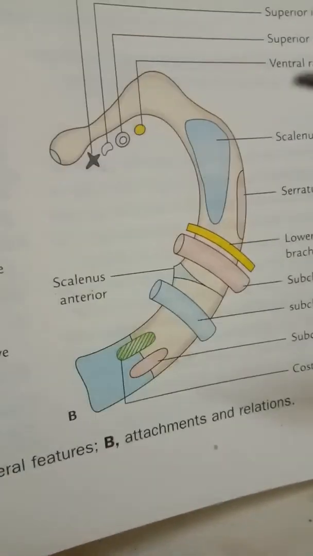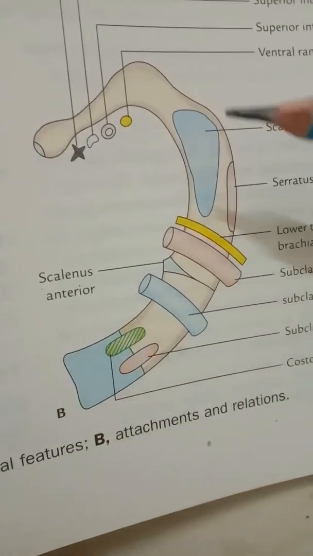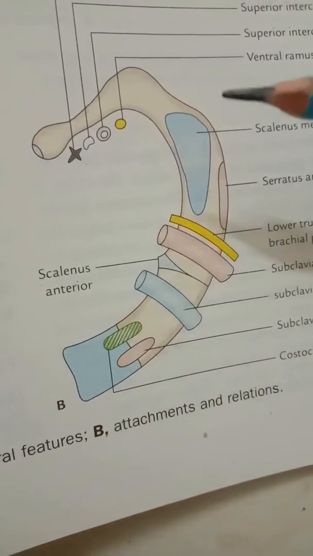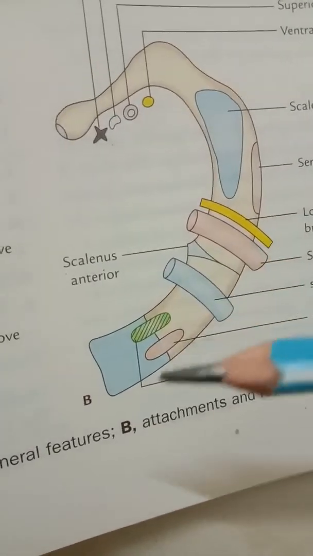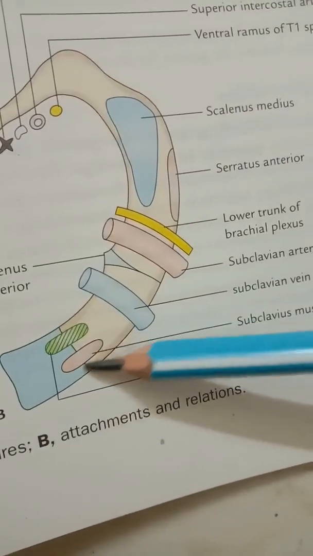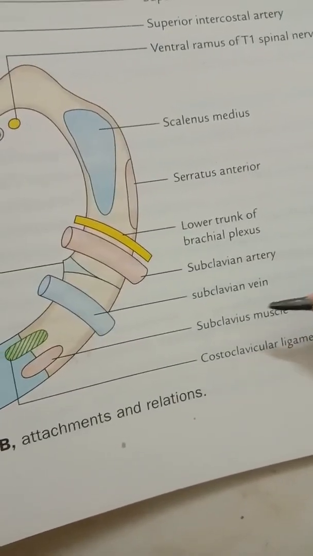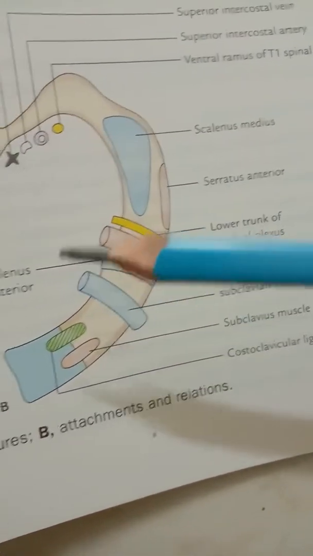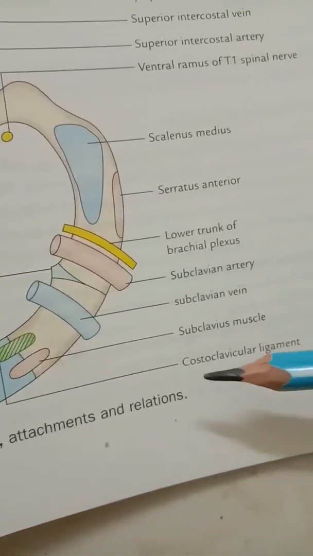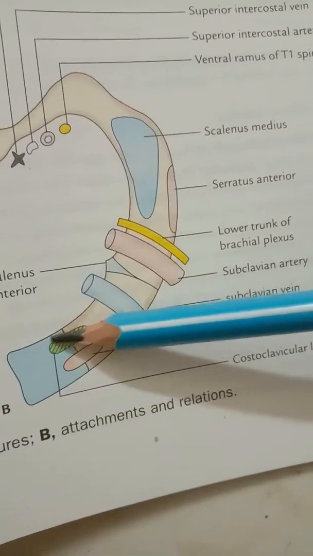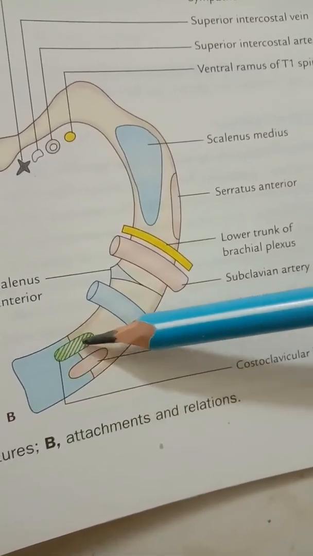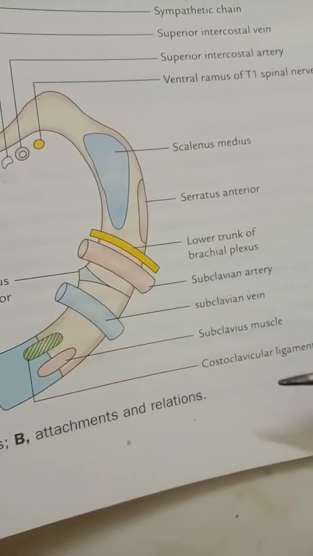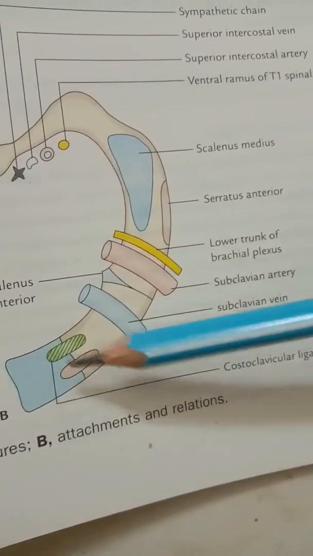Then the structures attached to the remaining part of the upper surface. The origin of the subclavius muscle is present on the anterior end. Then the attachment of the costoclavicular ligament, shown in green color, is present posterior to the subclavius muscle.